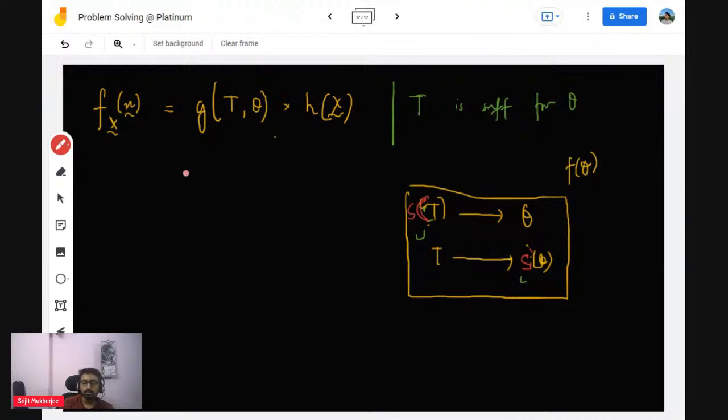So we can write that if f of s of t is sufficient for theta, then how is s of t sufficient for s of theta, Romit? Oh, sorry. If s of t is sufficient for s of theta.